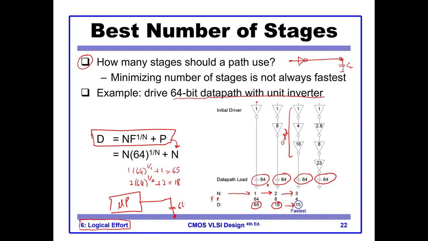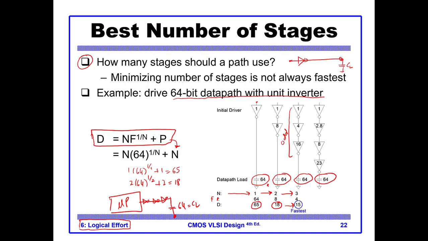So maybe here we have a load of 64C. So you want this path to be the fastest possible. So you can put, for example, 3 inverters here. The only problem with these 3 inverters is that you will have an inverted output.